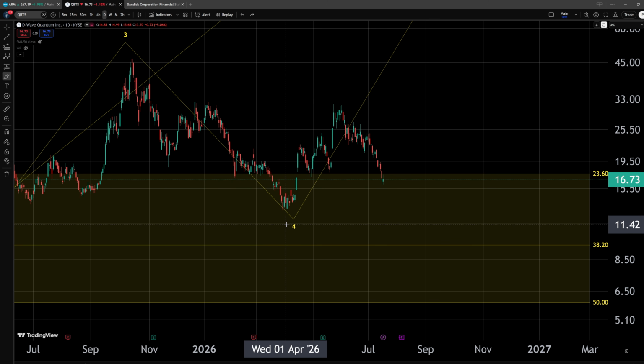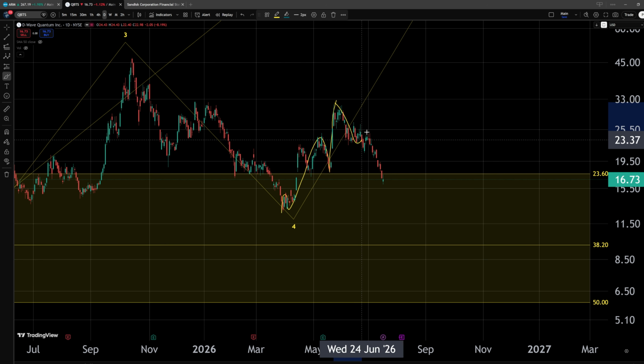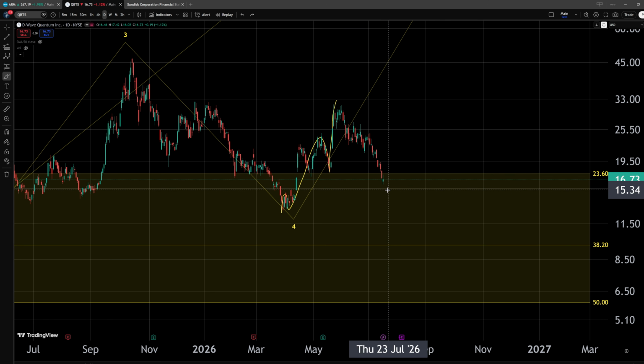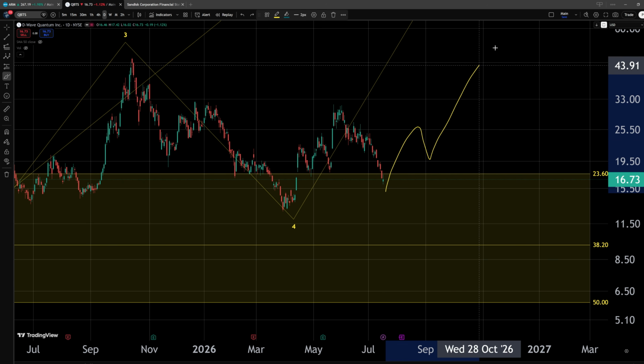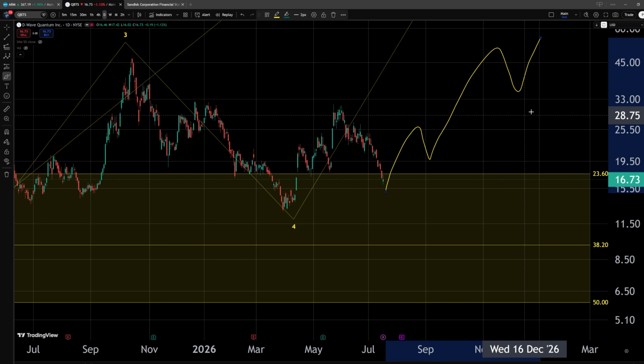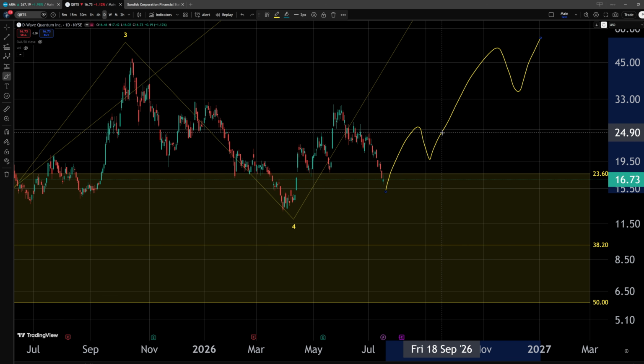Within the smaller time frame, I'm tracking an initial 5-wave move to the upside, which suggests that with high probabilities, after a 3-wave correction into the support zone, we are looking for extensions within at least another 5-wave move to the upside that could very, very easily take this stock even to new all-time highs, potentially within the wave 3, but at the very least, we would expect generally a wave C.